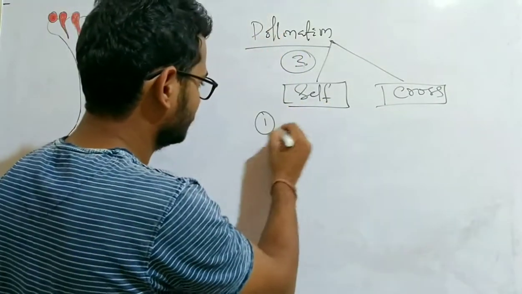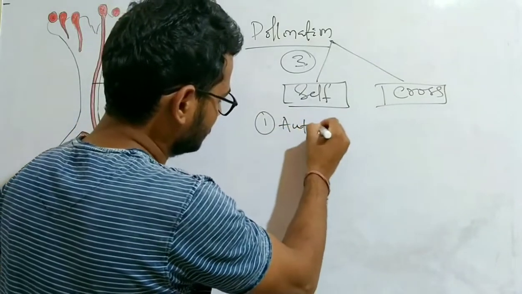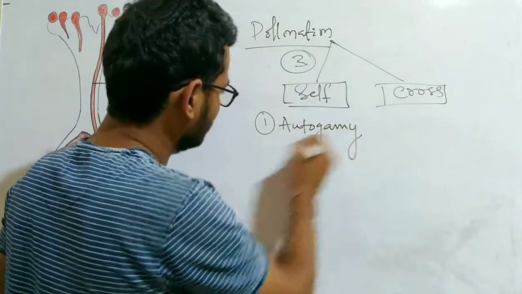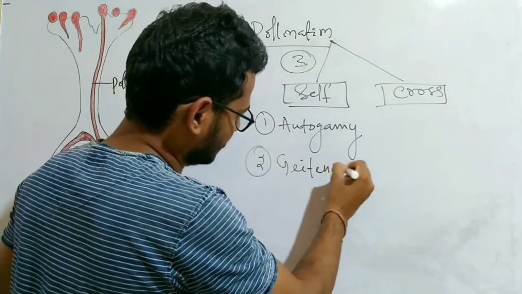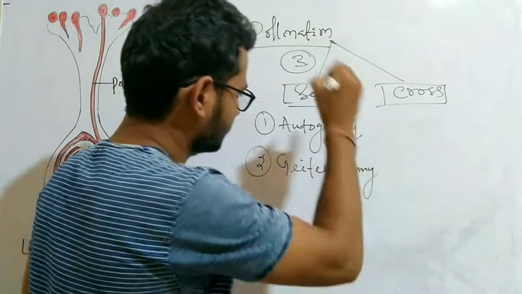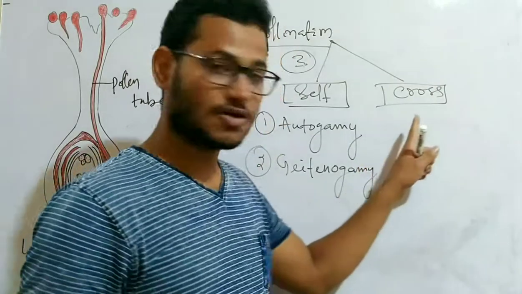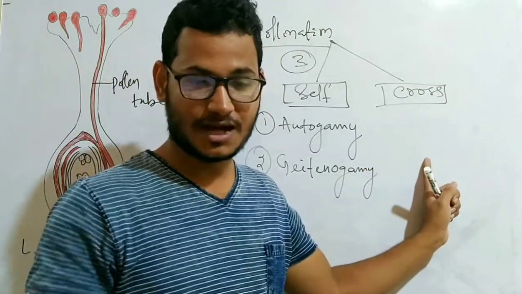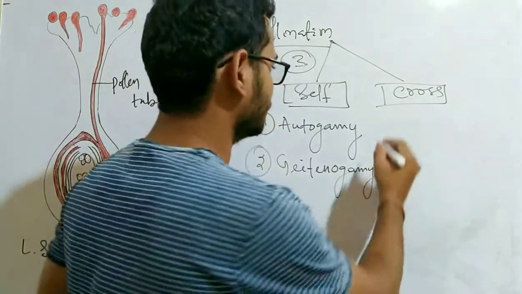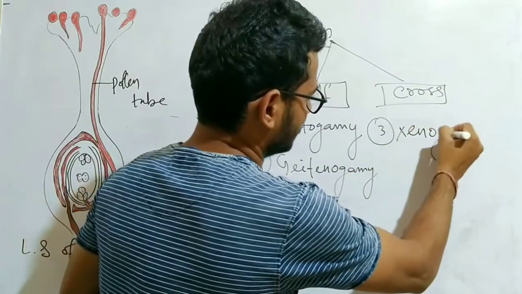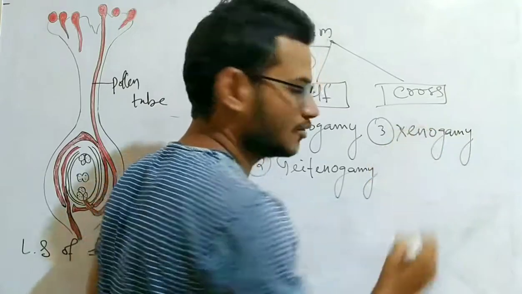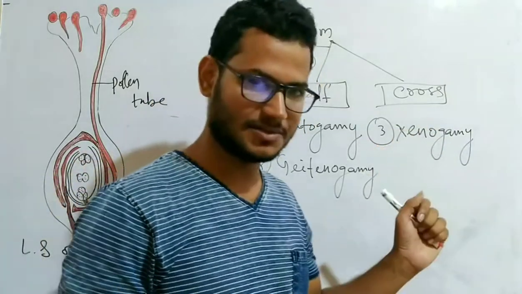The first one is autogamy and the second one is geitonogamy. In cross-pollination, we have a single type, that is genogamy. Genogamy is also known as allogamy, remember.